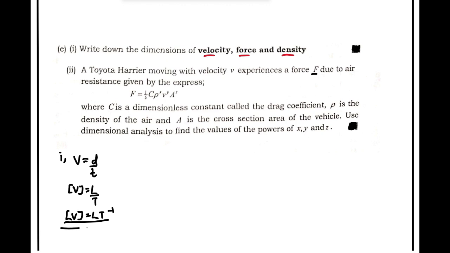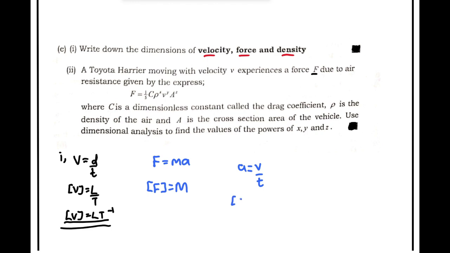Next up, the dimensions of force. Force is equal to mass times acceleration. The dimensions of force: mass is capital M. Now, acceleration, do we know the dimensions of acceleration? We can find them. Acceleration is equal to velocity over time.